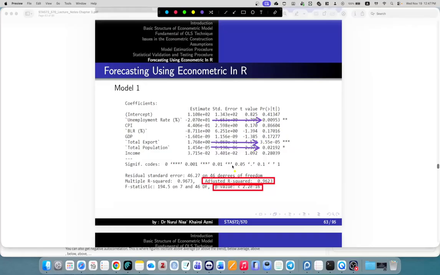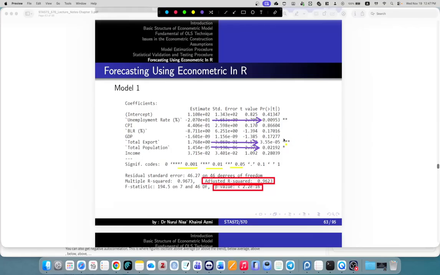This is significant at 0.01. This is significant at 0.001, and this is significant at 0.05. So we want our coefficients to be significant at least at 0.05. If not, we can consider removing the variables which are not significant.